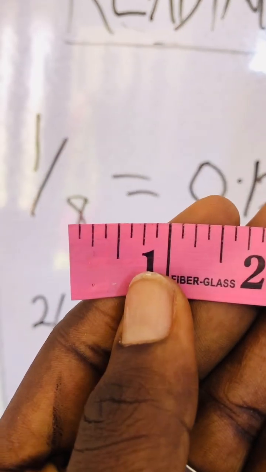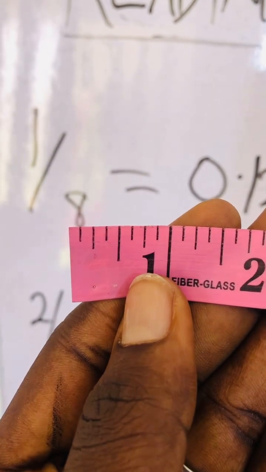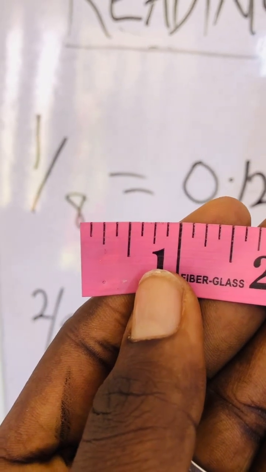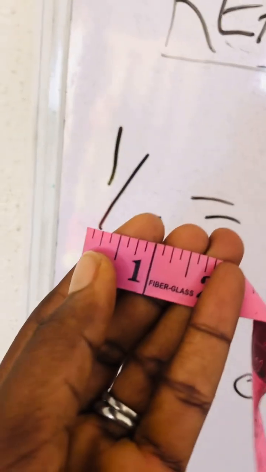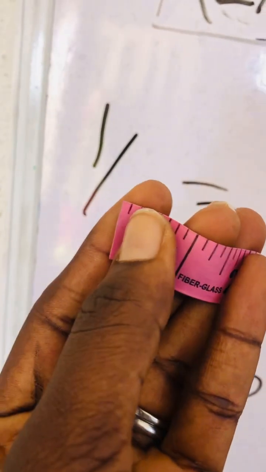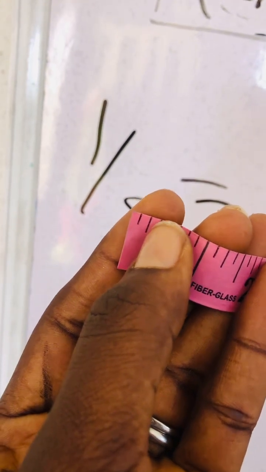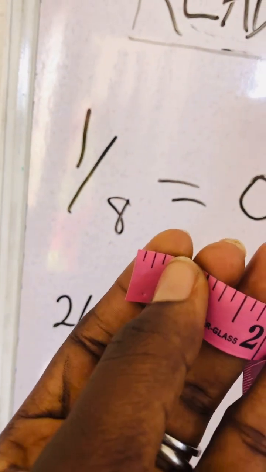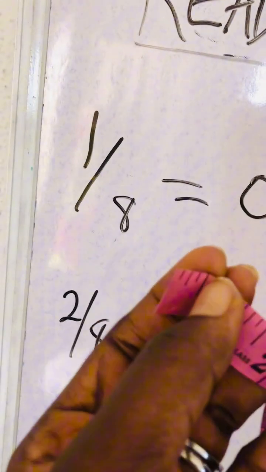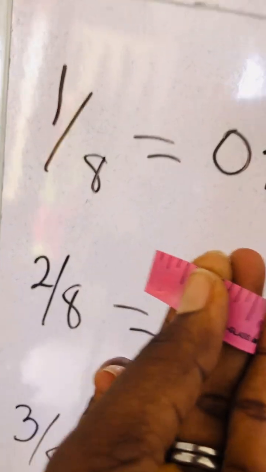Now this is your tape rule. As I said earlier, you have 8. If you are going to count it now, you start from that tiny line, the smallest one. That's the first line. That is 1/8. Then the next one is 2/8, then the next one is 3/8, 4/8. As you can see, the 4/8 is longer.